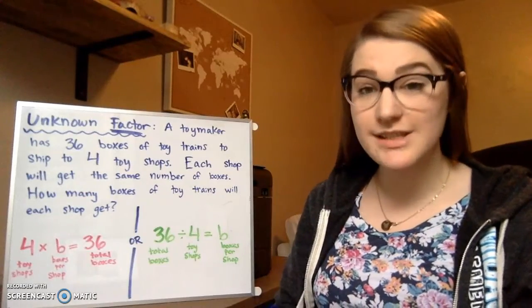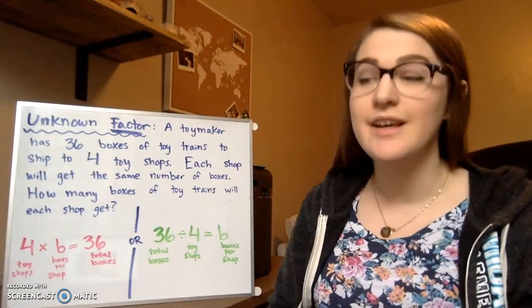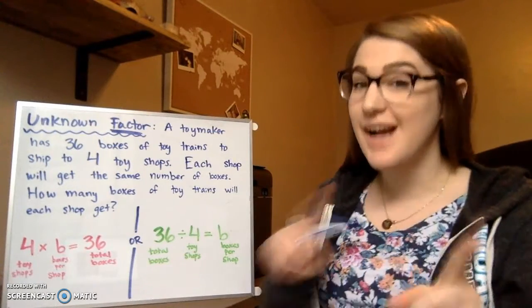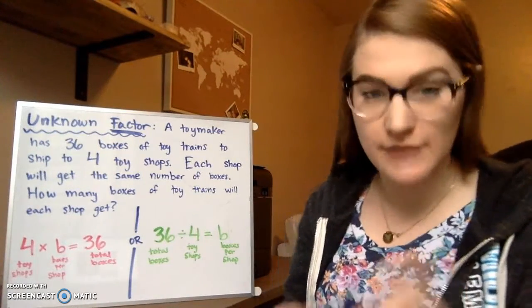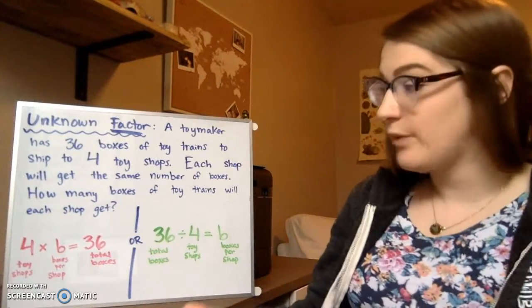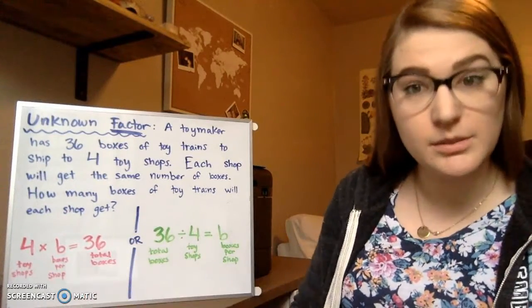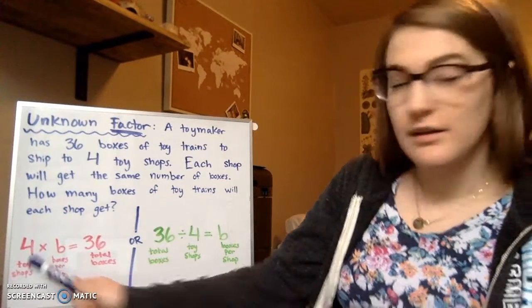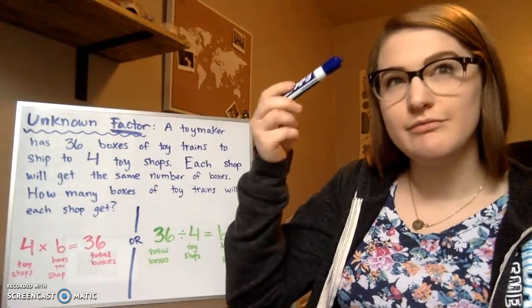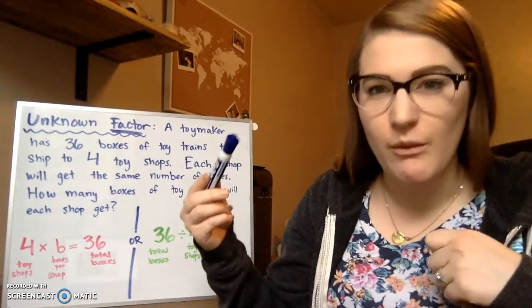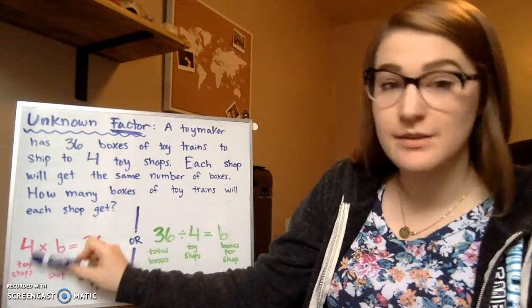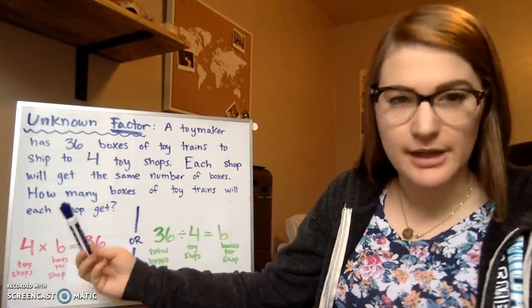All right, so just like with our unknown addend word problems, there are a couple of different ways that you might have thought about how to solve this problem. The first way could be through multiplication. It's easy to kind of forget what each of these numbers represent, so that's why I kept labeling them.